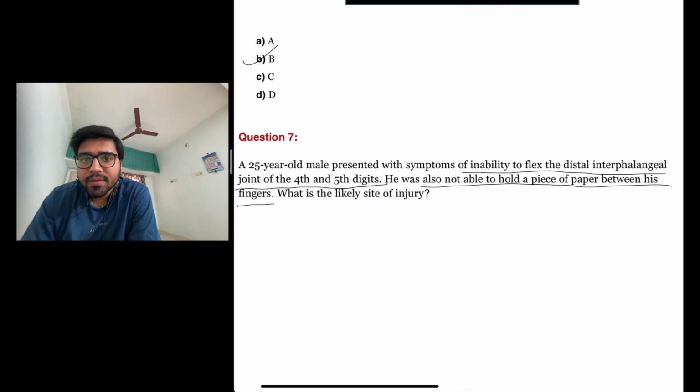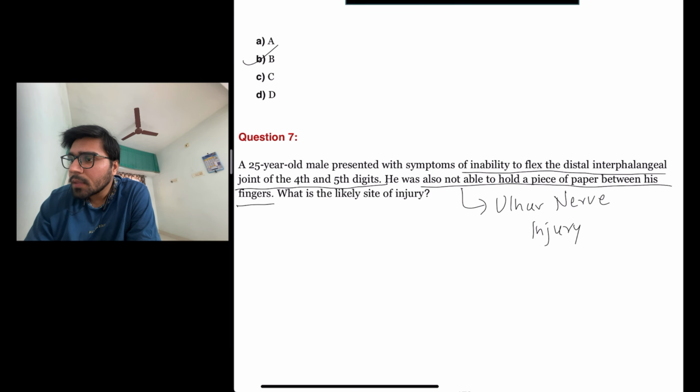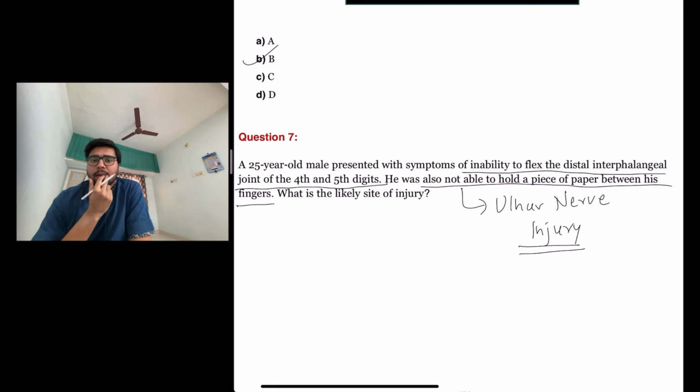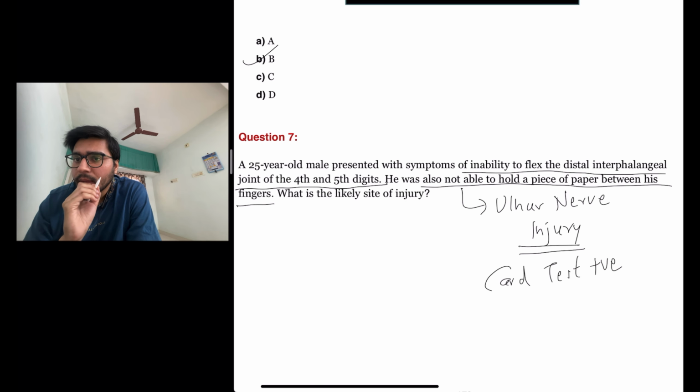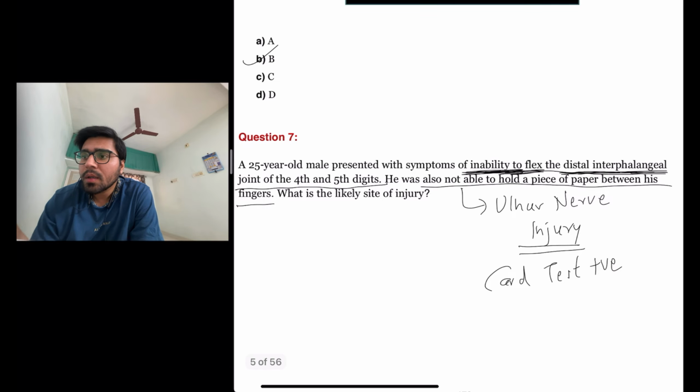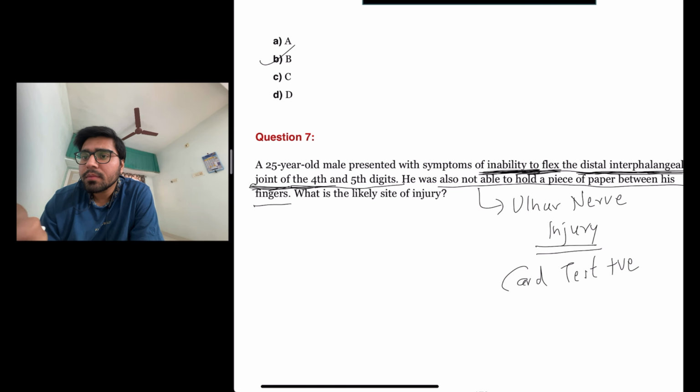So this scenario is actually talking about ulnar nerve injury, because the card test is positive, and there is also inability to flex the distal interphalangeal joint of the fourth and fifth digits.